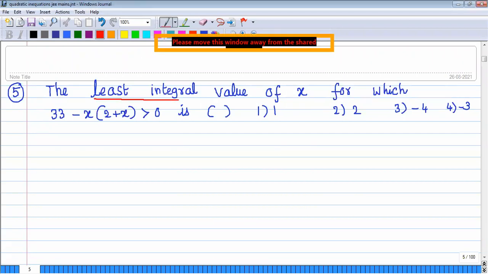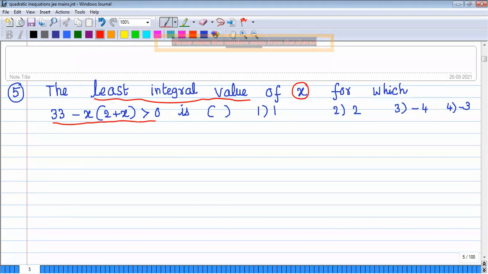The least integral solution of x for which 33 minus x times 2 plus x is greater than 0. So that means we need to solve this inequality. This inequality has infinite solutions. Among the solutions, what is the least integral value that we need to evaluate?